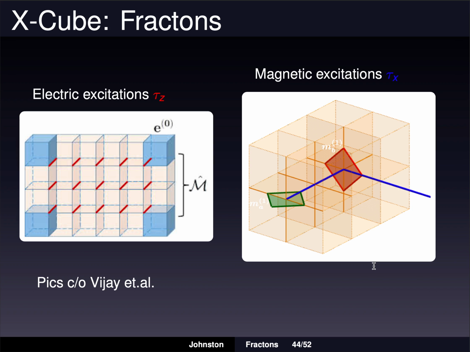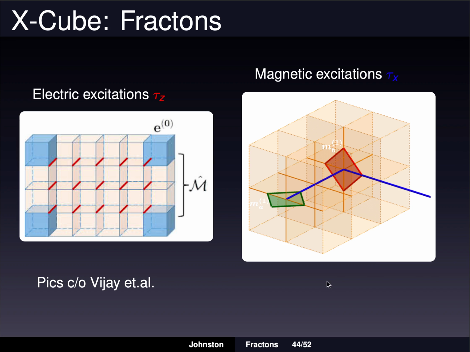Instead of having quasi-particle excitations which can move any old way, which was the case for the Toric code, it turns out that the excitations in the x-cubed model have got restricted mobility. So first up, the electric excitations. These are given by membrane excitations of the Z polymatrices.